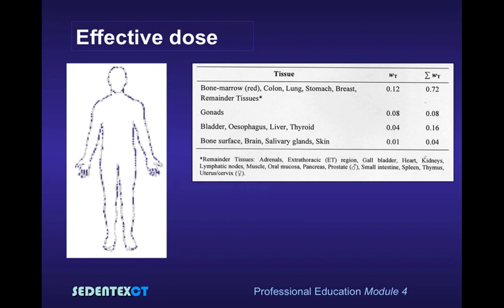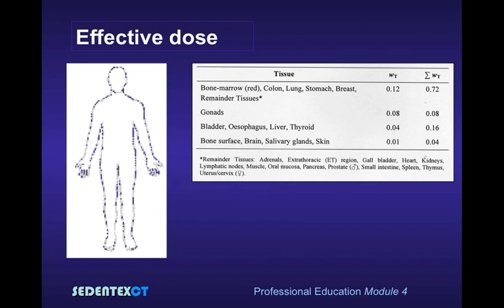Effective dose takes into account the fact that different tissues in the body have different radiosensitivities. If we assume that the whole body adds up to 1, a numerical value of 1, then each organ or tissue is allocated a weighting factor, and this table illustrates those weighting factors.